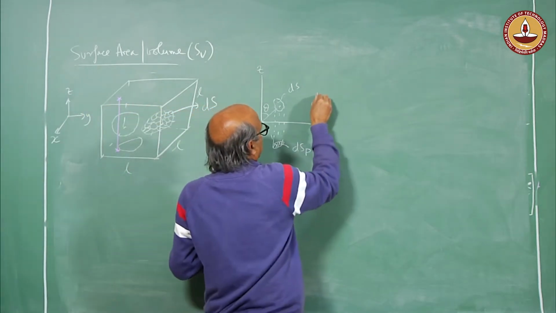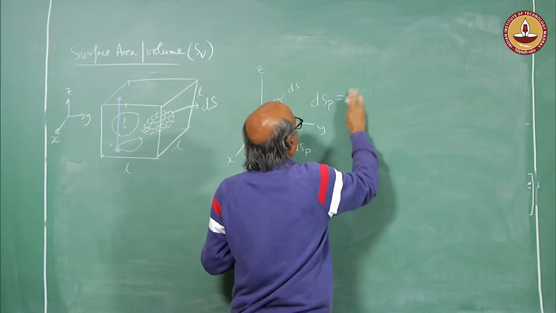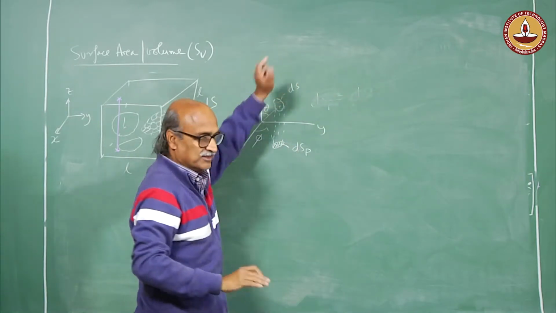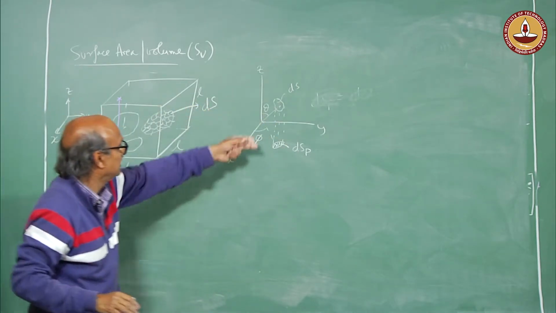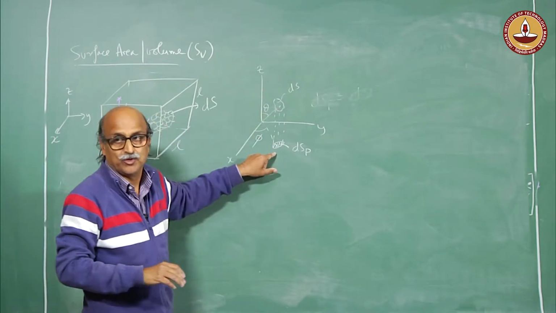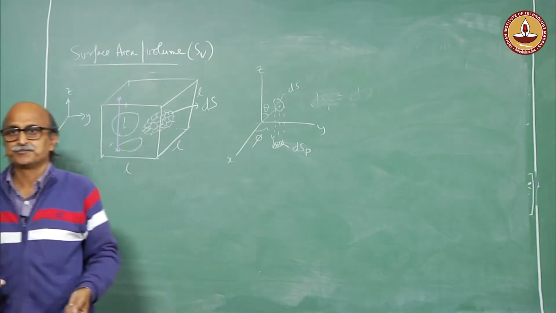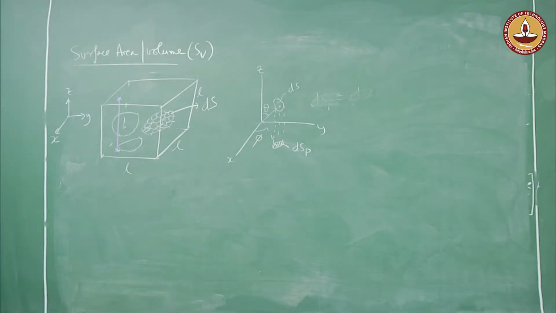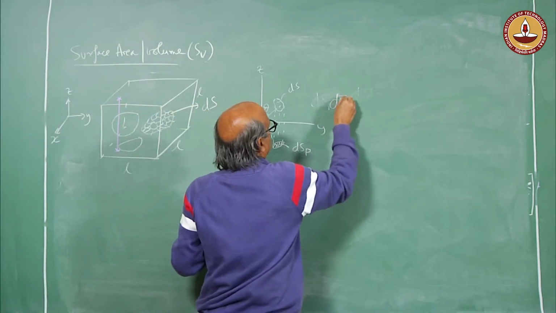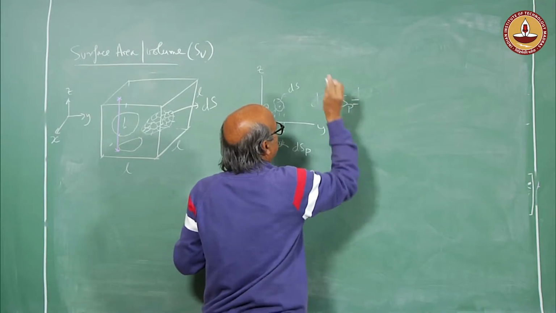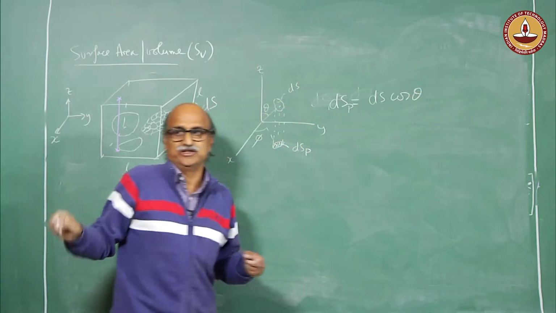This projected area dsp is going to be some function of theta and ds. What would be the projected area of a small infinitesimal element onto the xy plane whose orientation is theta and phi? dsp would be equal to ds cosine theta.